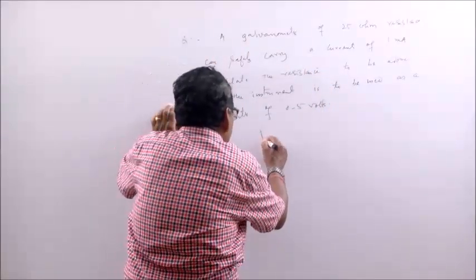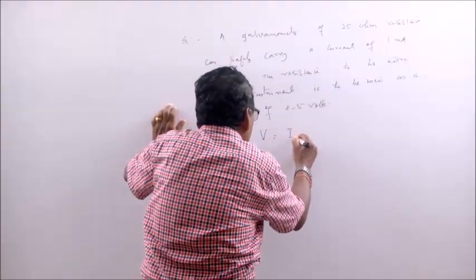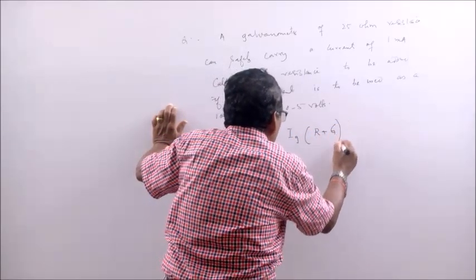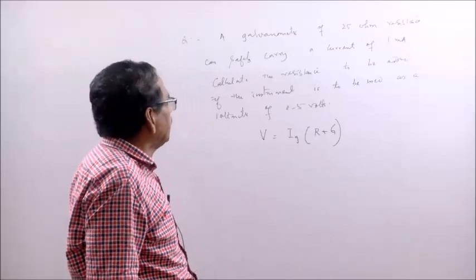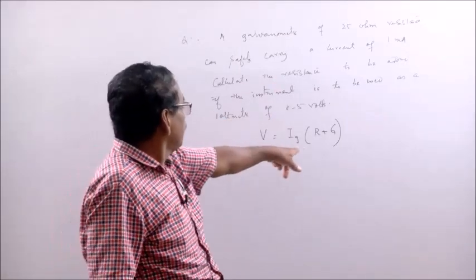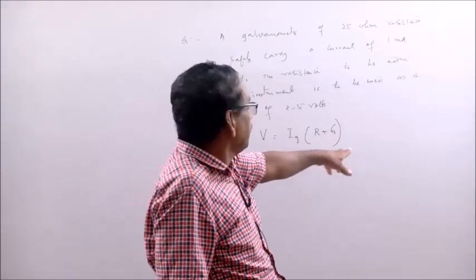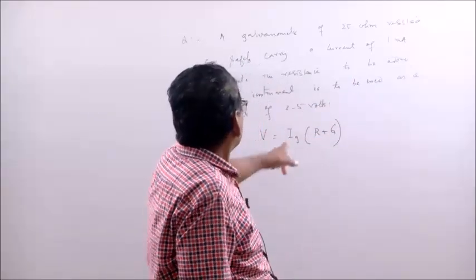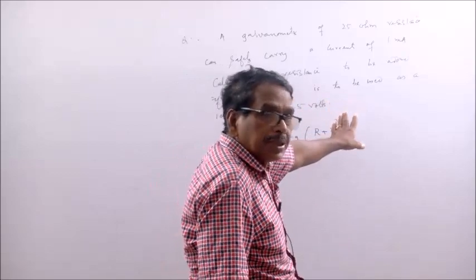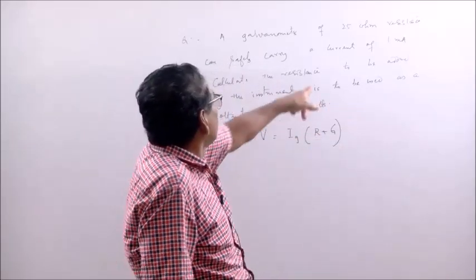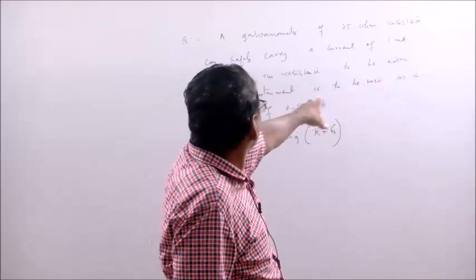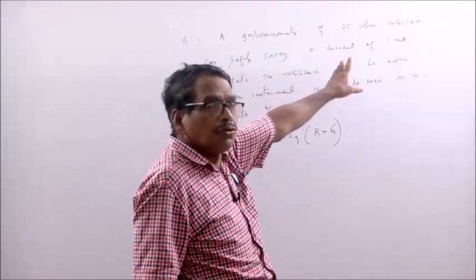As you know, the formula is V is equal to Ig (R plus G). Ig is the maximum current the galvanometer can measure, R is the resistance to be added, G is the galvanometer resistance. In this case, what is given? They have given how much voltage is to be measured, that is 5 volts. The maximum current the galvanometer can carry is 1 milliampere, and the resistance is 25 ohms.